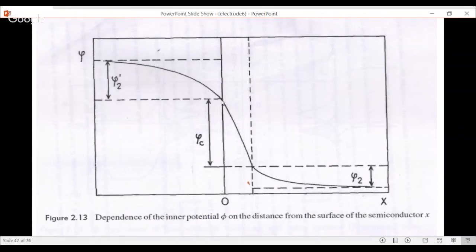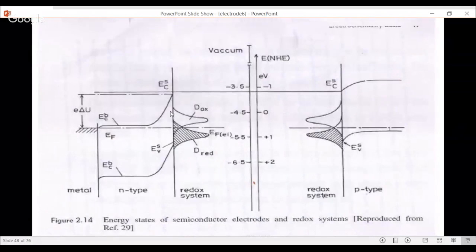So here I have shown how the potential varies within the semiconductor: the dependence of the inner potential on the distance from the surface of the semiconductor, X.